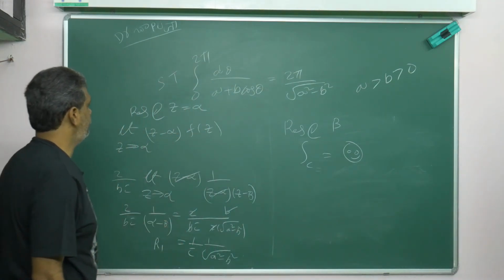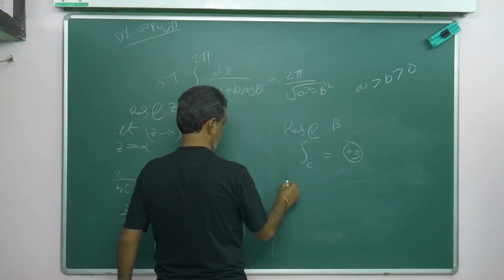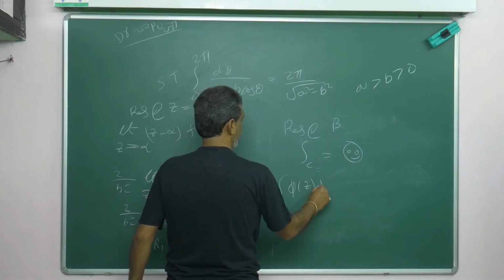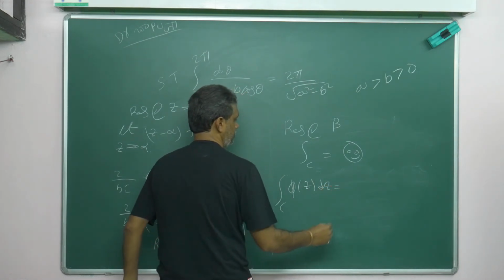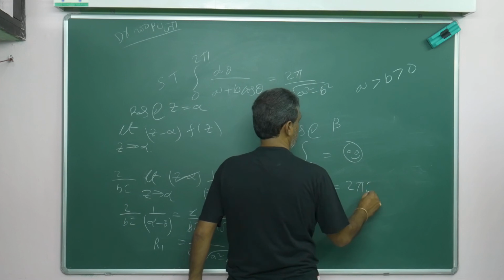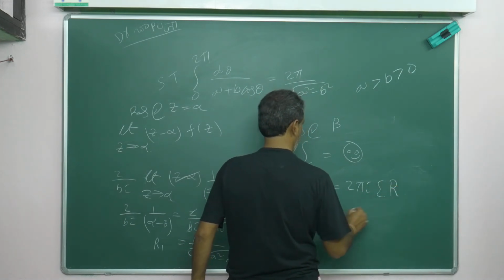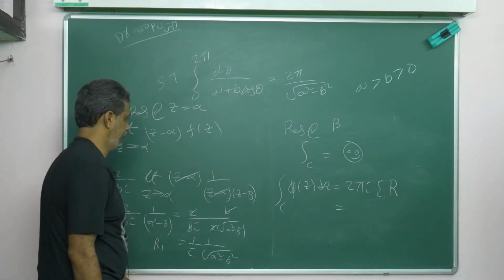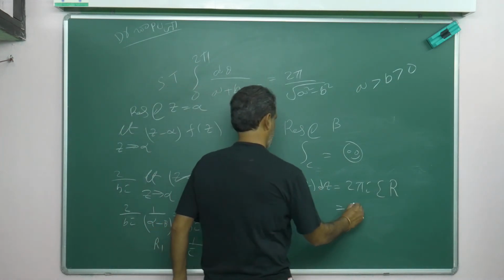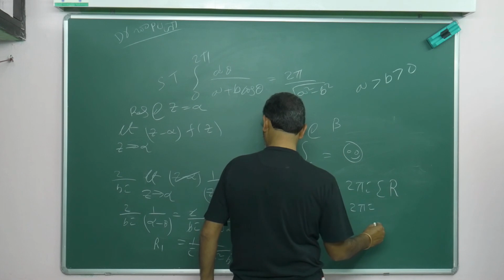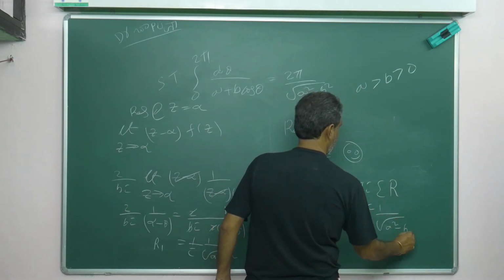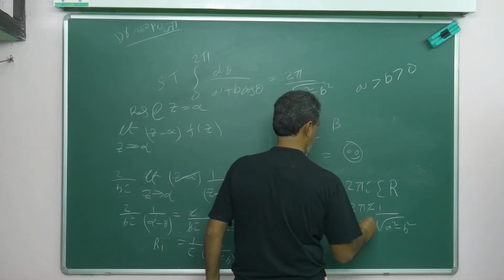Now what will I do? The whole integration becomes what? Integral over c of phi z dz is equal to 2 pi i into sigma r. This is equal to 2 pi i into this, the other one is 0. So 2 pi i into 1 by root of a square minus b square into i.